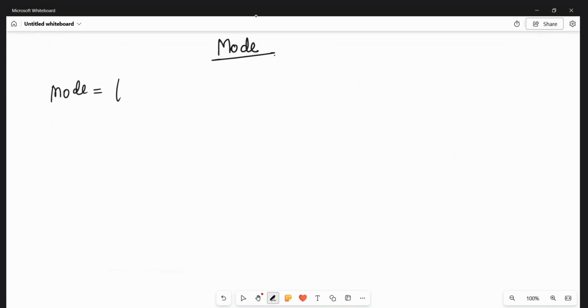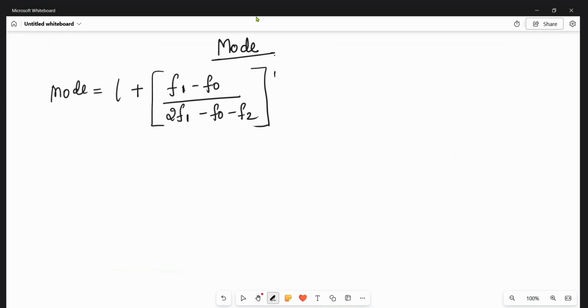Mode is equal to L plus (F1 minus F0) by (2 times F1 minus F0 minus F2), into H.